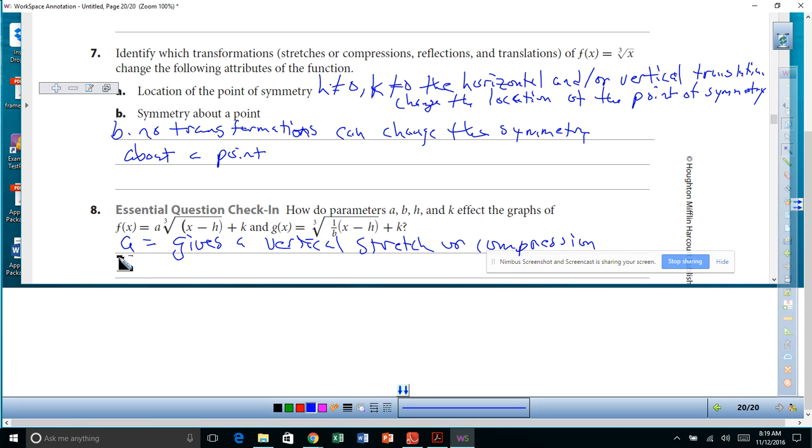And what does B do? B gives a horizontal stretch or compression.